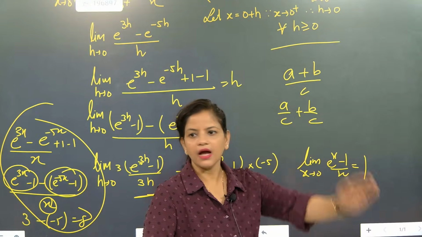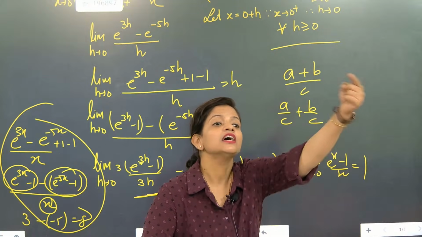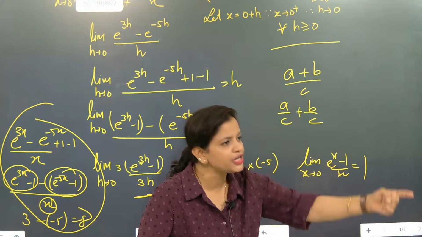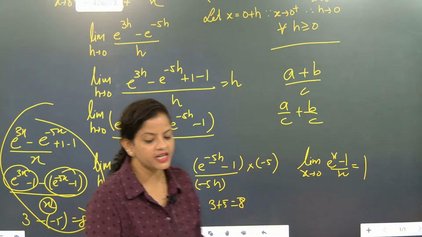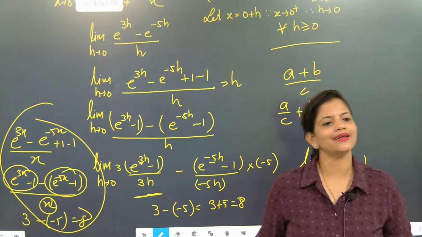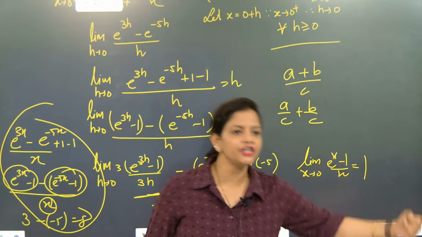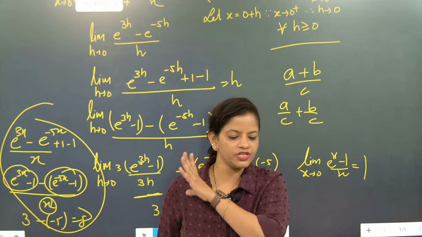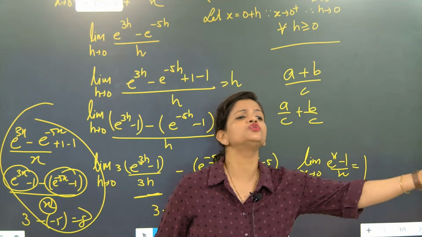Understand one thing. Again, I am telling you, note down in your notes, whatever is differentiable is continuous, but whatever is continuous is not differentiable. This is the most important thing. Correct? So that is absolutely correct. Like we can take one single example: x is equal to 2.